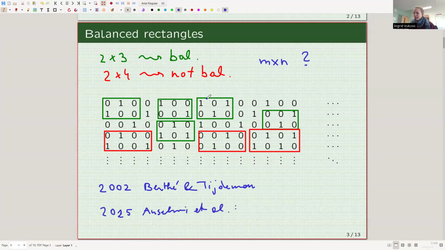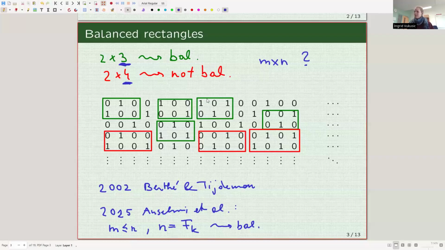Namely, they showed that if n is your larger number, and if n happens to be a Fibonacci number, then you will definitely be in the balanced situation. And this matches our examples. So 3 here was a Fibonacci number, and indeed we were balanced. 4 was not a Fibonacci number, but, I mean, their result is not an equivalence, but still, this is an example where we're not balanced.